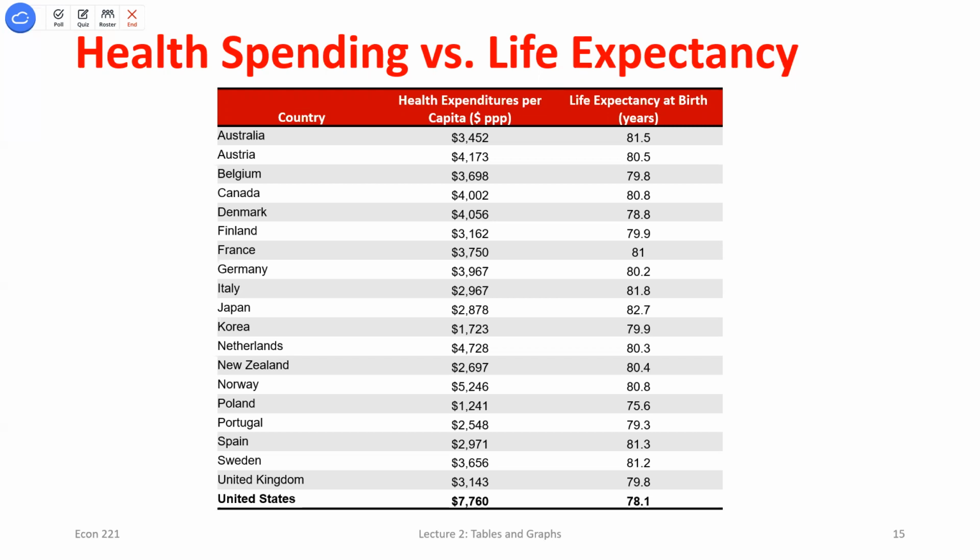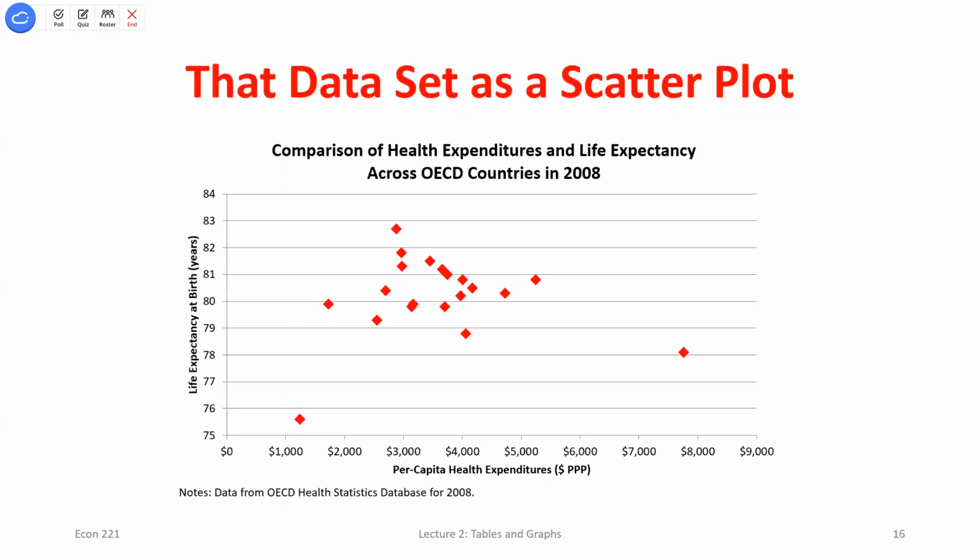I'll get a nice quick visual by creating this scatter plot. So if I plot every single country, healthcare expenditures and their life expectancy from that data on a graph, I get something like this. Now for this one, I guess if you told me the line of best fit is maybe slightly upward sloping. But you've also got these weird outliers here. I don't really know if there's any real correlation, or at least there's not an obvious one.